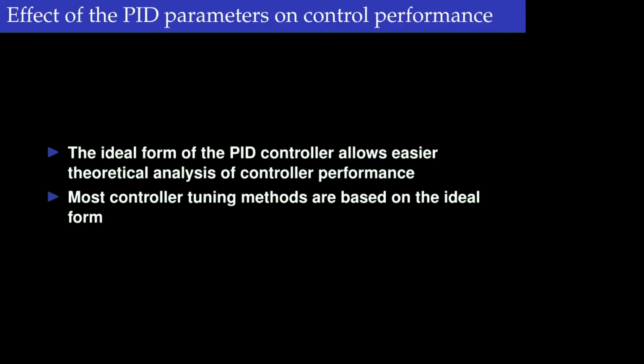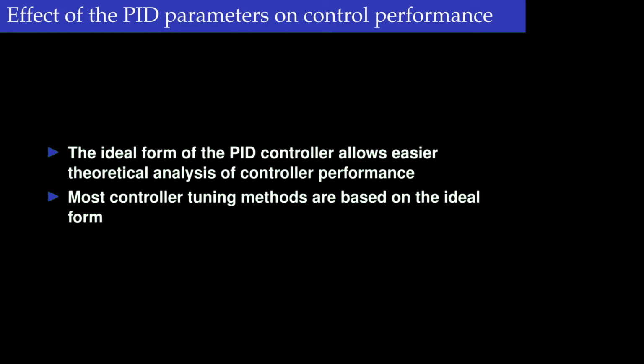To do this analysis, we'll use the ideal form of the PID controller, simply because this formulation allows easier theoretical analysis. More importantly, most controller tuning methods are based on this ideal form because it is the simplest representation, so we can analyze the performance theoretically, and block diagram analysis will allow us to do that.